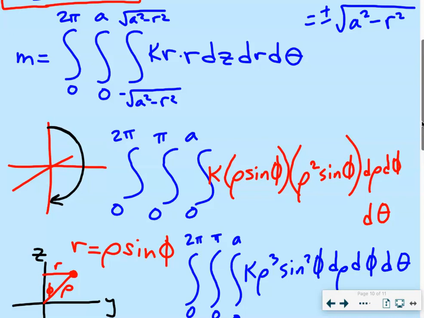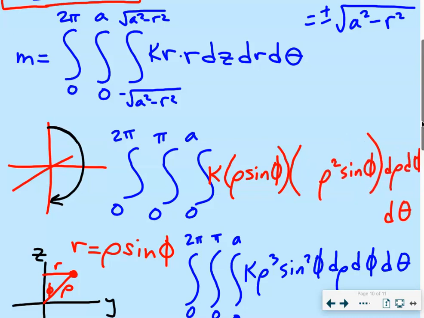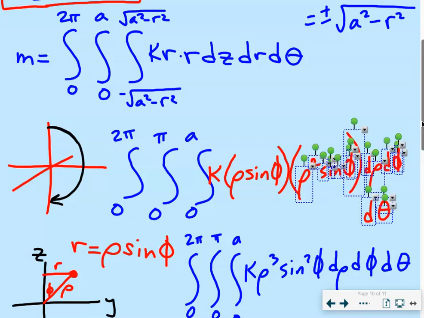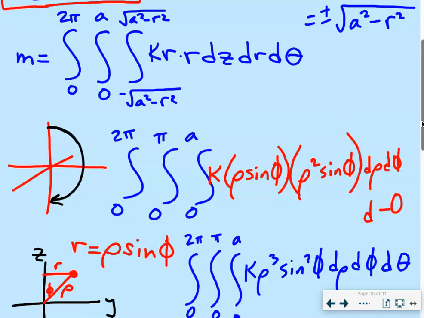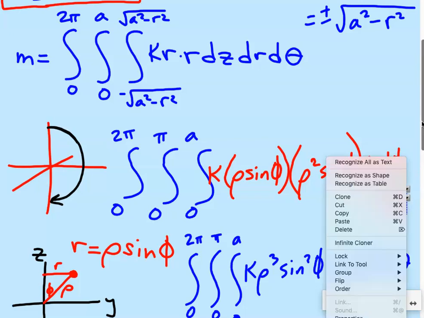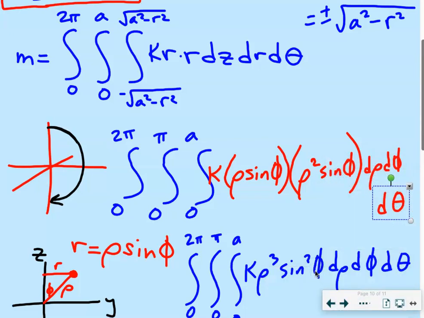And then every time you do a spherical, it's always times rho squared sine phi, d rho, d phi, d theta. I don't know why this is down here.